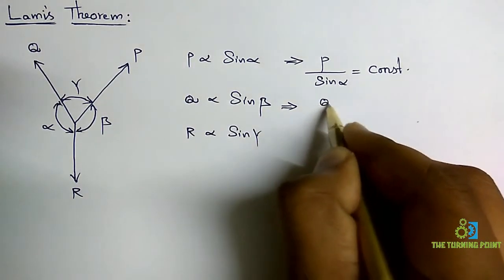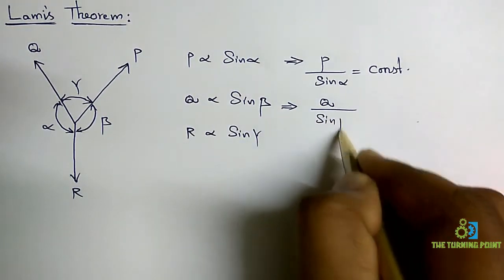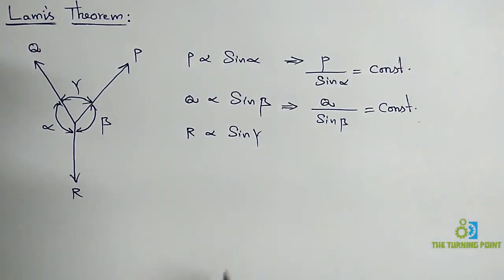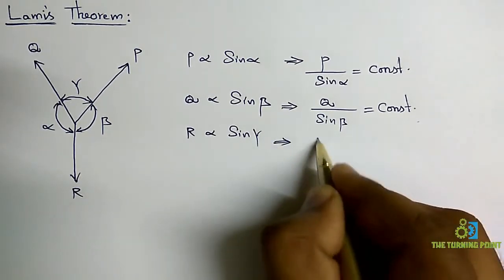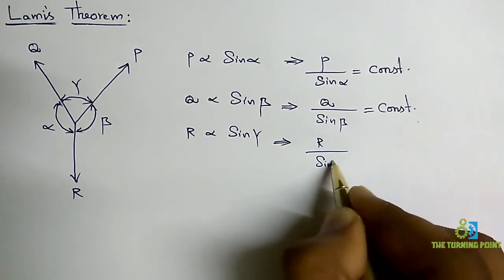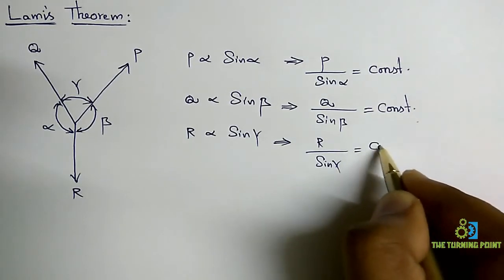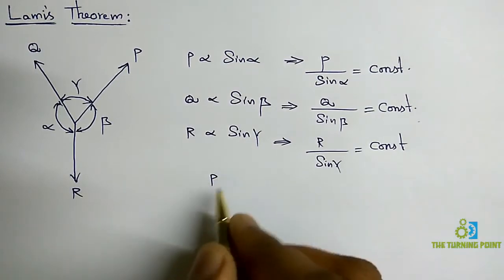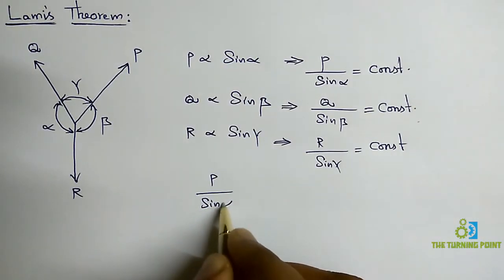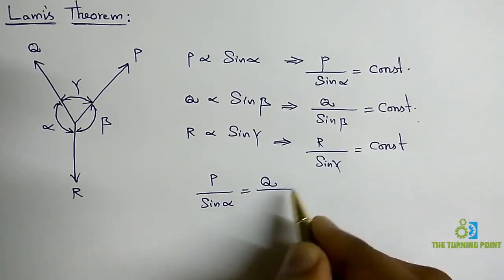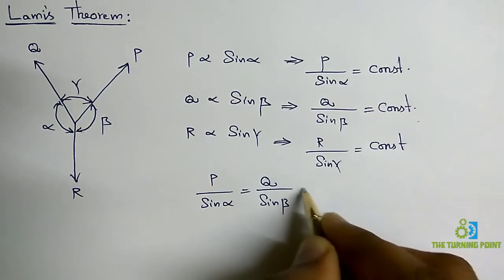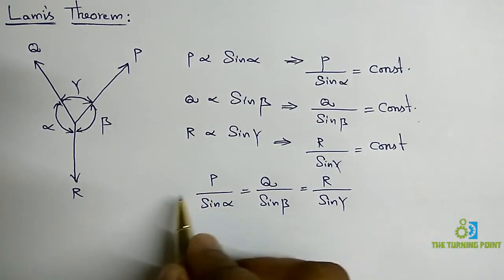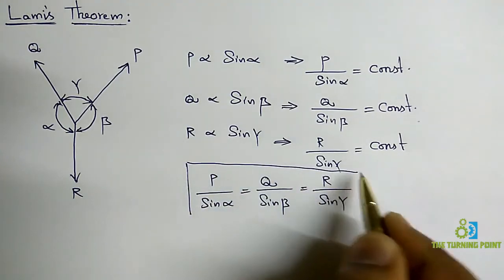From that, Q by sine beta is equal to constant. From this relation, R by sine gamma is equal to constant. From these three relations, I can write P by sine alpha is equal to Q by sine beta is equal to R by sine gamma. So this is the relation for Lami's theorem.